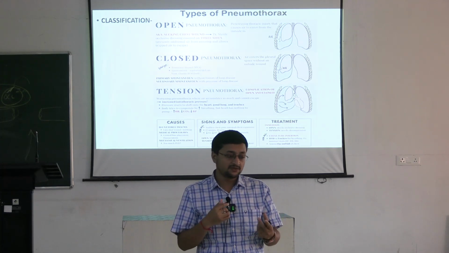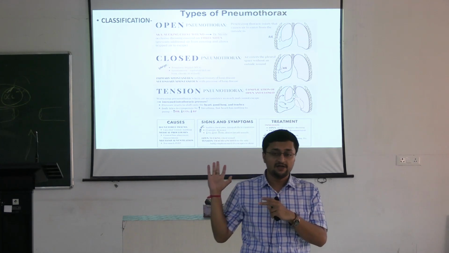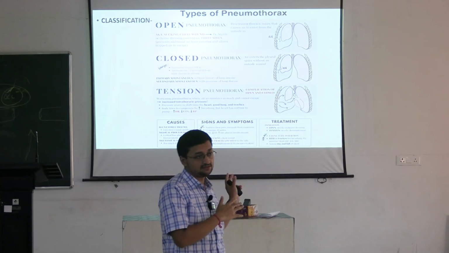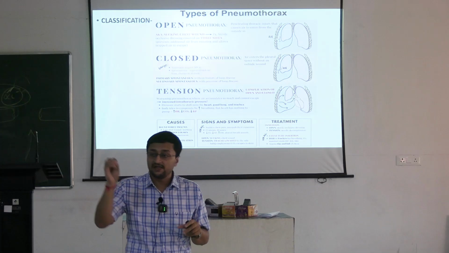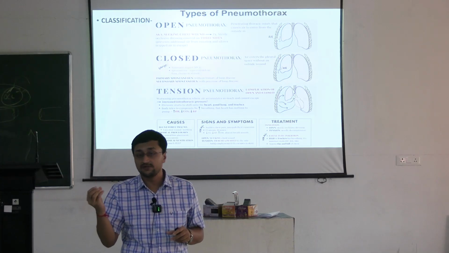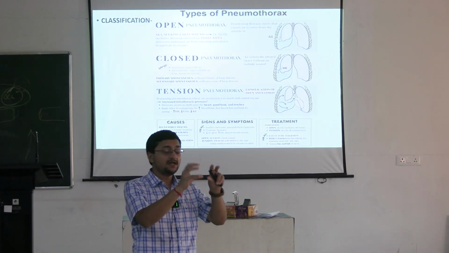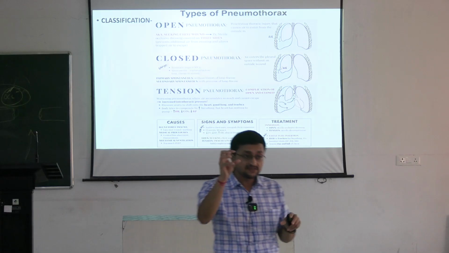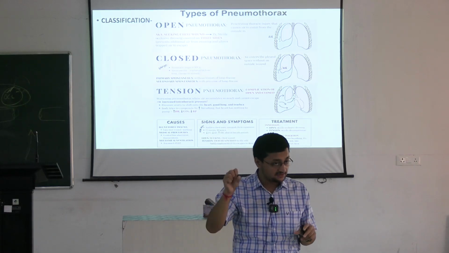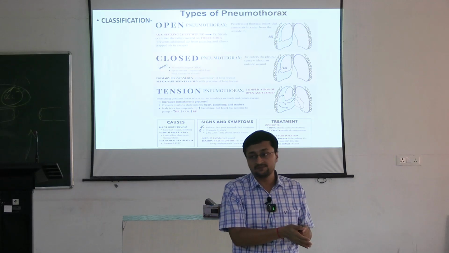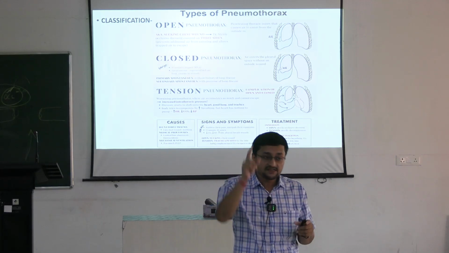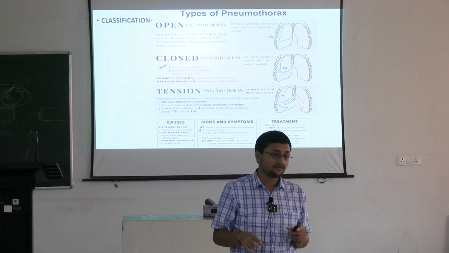The mechanism of this I'll describe in a later part. Okay, so rupture of these air containing spaces. If the cyst or the bleb ruptures, then the air from that space leaks into the pleural space, right? So that is causing the closed pneumothorax.